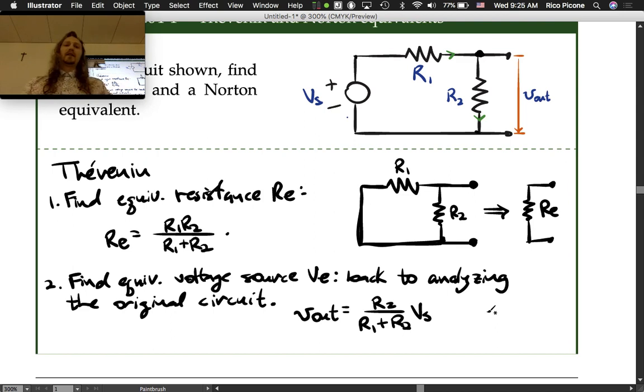Great. And we can also write that VE is equal to V out, right? That's why we found V out. So we've got our VE and we've got our RE. So we're done. It always looks the same.